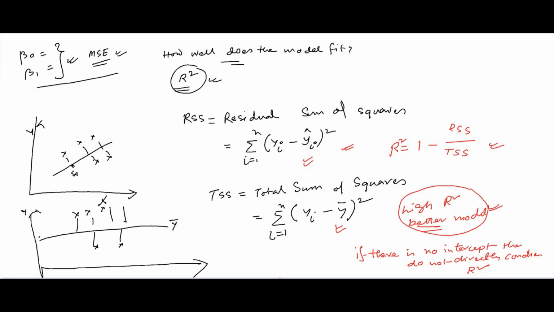From an understanding perspective, understand how we calculate MSE and why we square it, then understand how we calculate R square. This is another important aspect, and later I will explain how collinearity impacts these solutions.